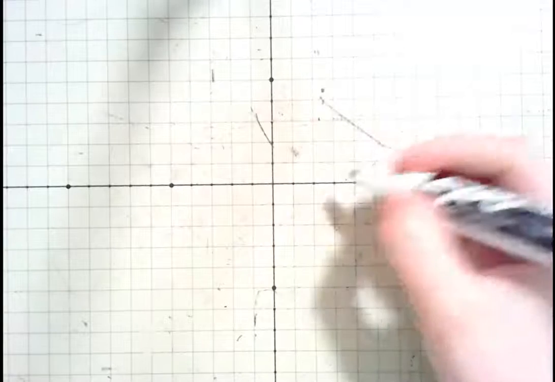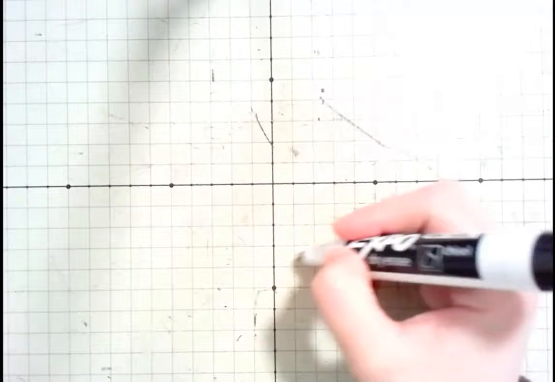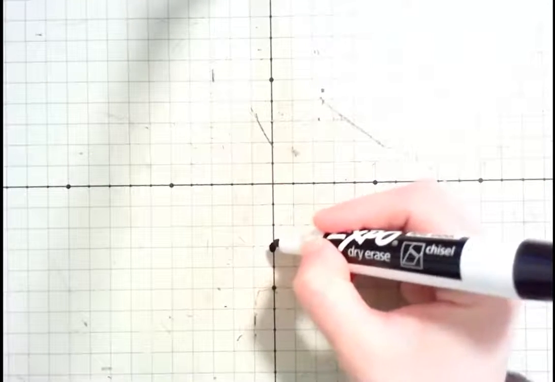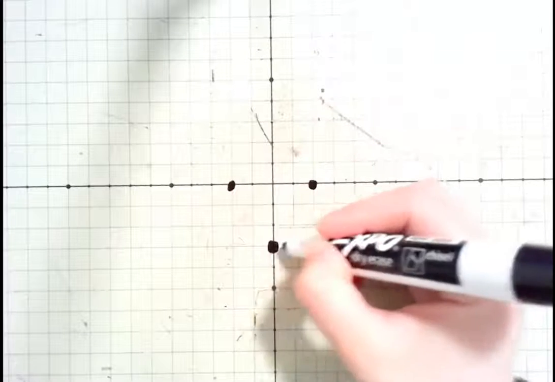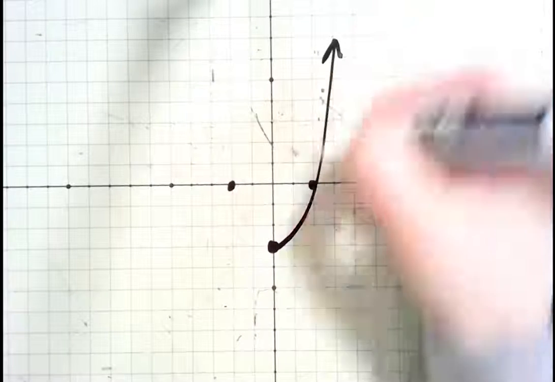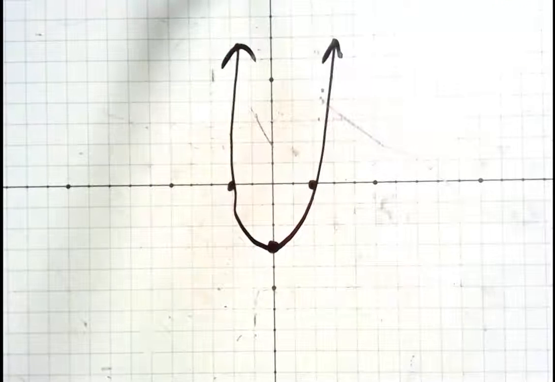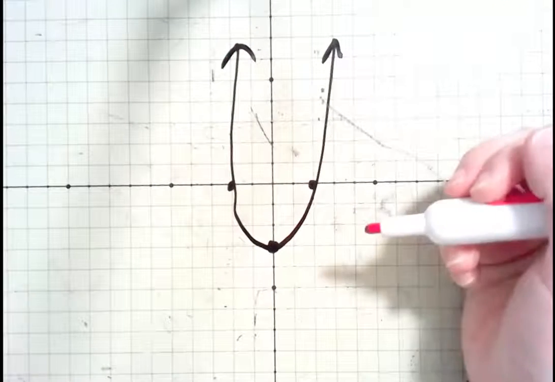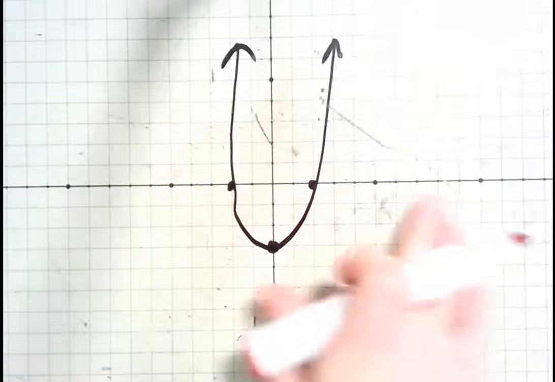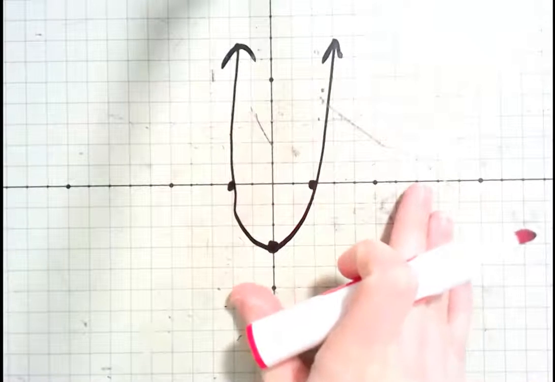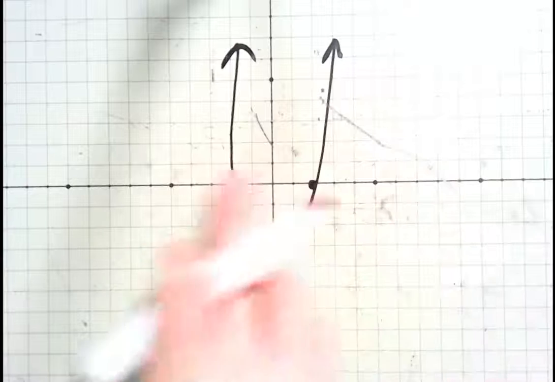I'm going to do one more just because might as well, right? Let's put it here. Something like this. They're kind of all the same. Once you see it once, it doesn't really get jazzed up more than that. Again, we have our parabola, and the solutions or the answer to this quadratic equation is where it touches the x-axis.